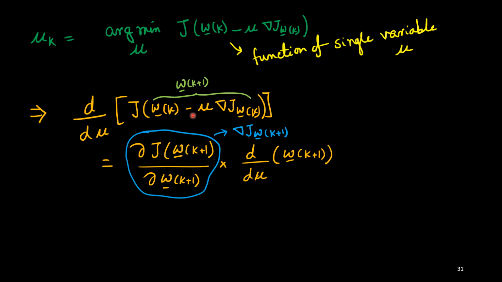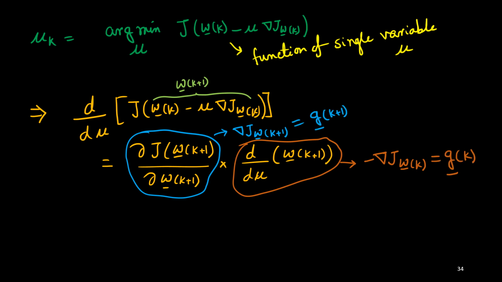This is minus sign, the derivative of mu is 1, and this is a constant, so this is gradient of wk. So this derivative is nothing but minus gradient of j at wk, right?